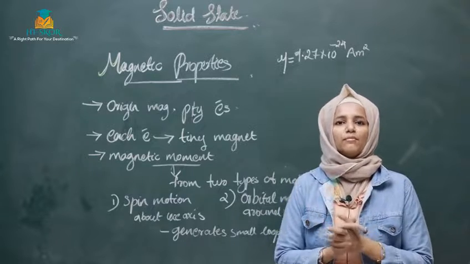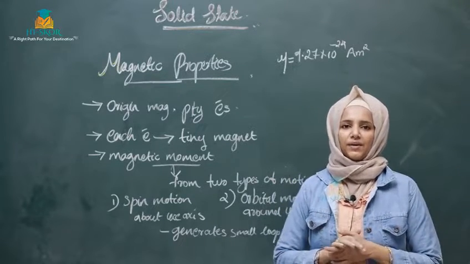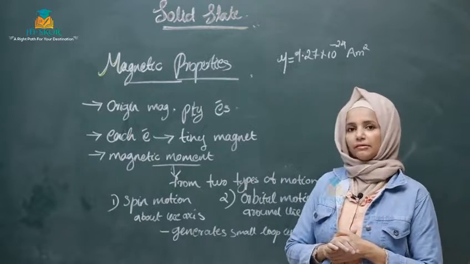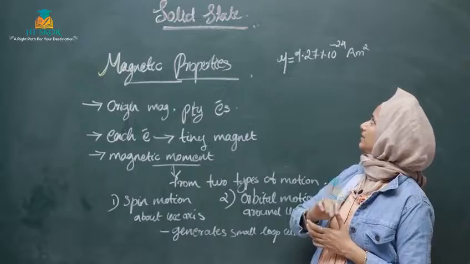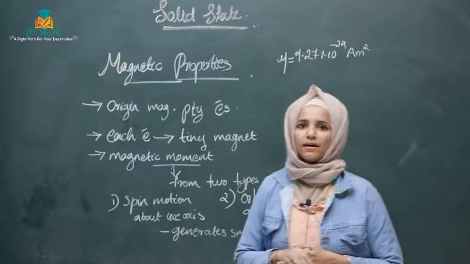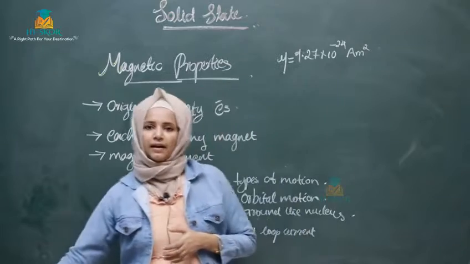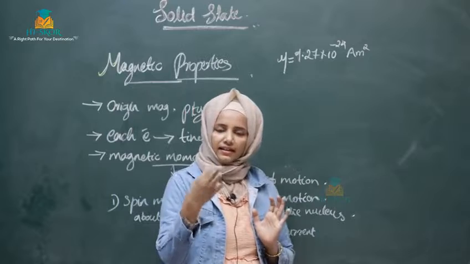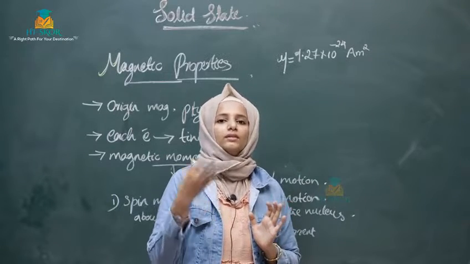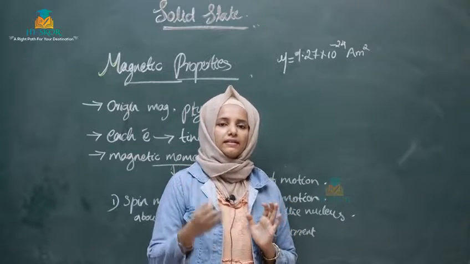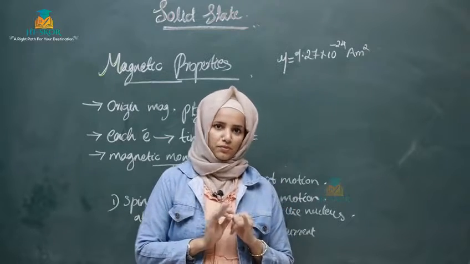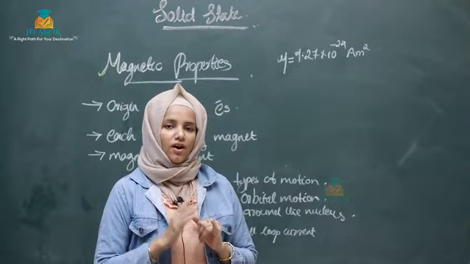That magnetic moment we can measure by a unit known as the Bohr magneton, which is represented by mu, and the value is 9.27 times 10 raised to minus 24 ampere meter square. Okay, so as I told, each electron behaves as a tiny magnet because electrons are in motion and possess a negative charge, and they have two types of motion, spin motion and orbital motion.